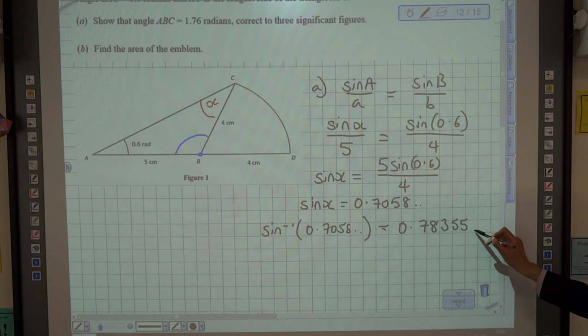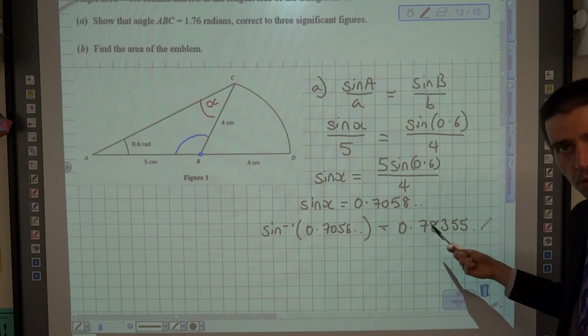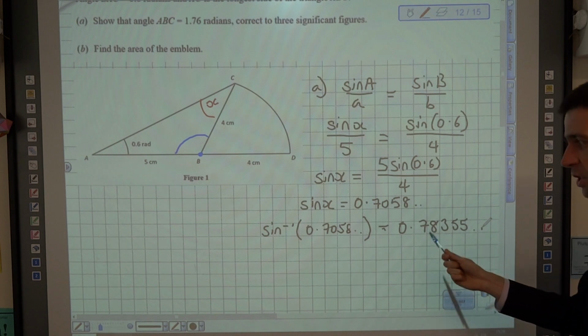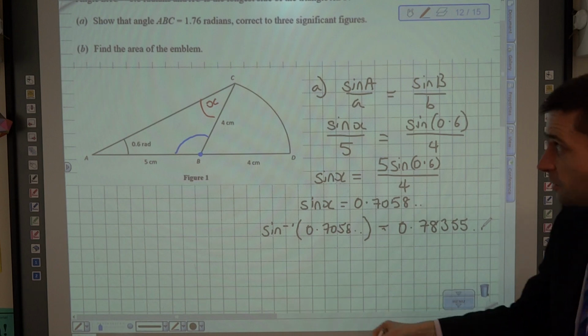And bear in mind, because we're in radians mode, we're expecting values that look like this. This is somewhere in the region of 45 degrees if you were to convert it back into degrees, but we're working in radians, so that's fine.